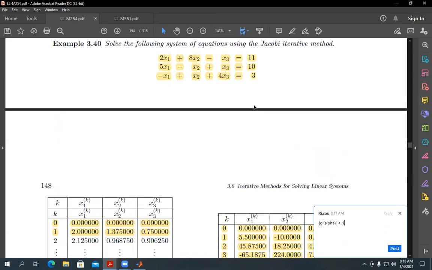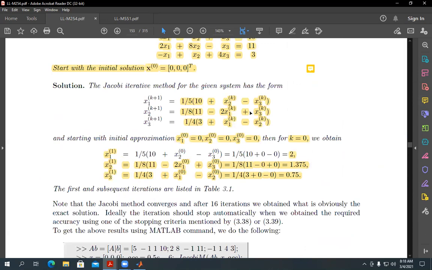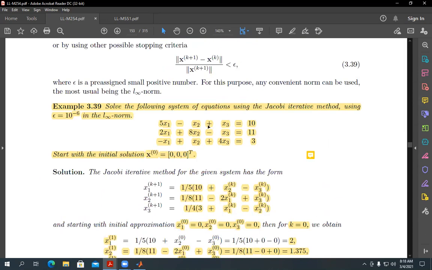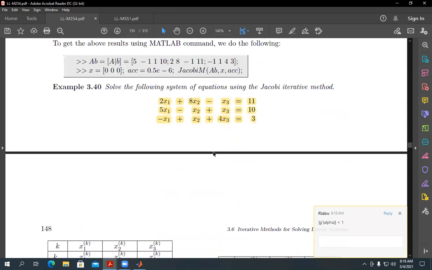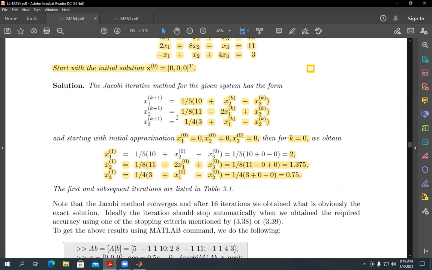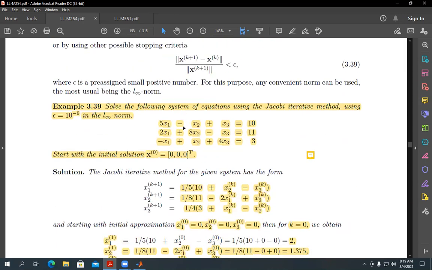Now, we discussed two systems. For this system, the Jacobi method converges, and for this system, the Jacobi method diverges. We leave this one because it diverges. But for this system, the Jacobi method converges, but it converges very slowly. Let us make a small change in the Jacobi formula to make the convergence faster.